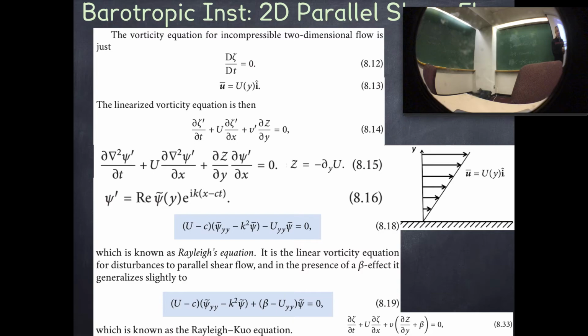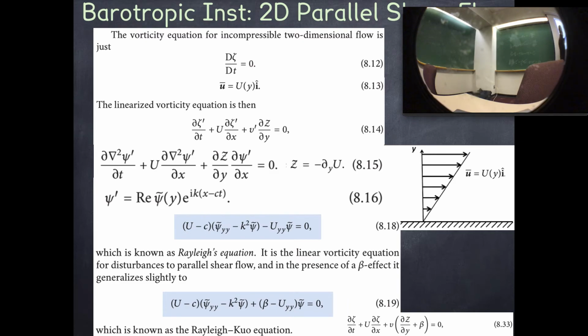Okay, 2D parallel shear flow. So now we're going to consider the more general problem of just a profile of velocity, not a jump at one location. So I have a vorticity equation, we have a profile. That's what the linearized vorticity equation looks like, with this z being, I don't know why, Vallis thinks that this is too many symbols, and he doesn't just put this in there.